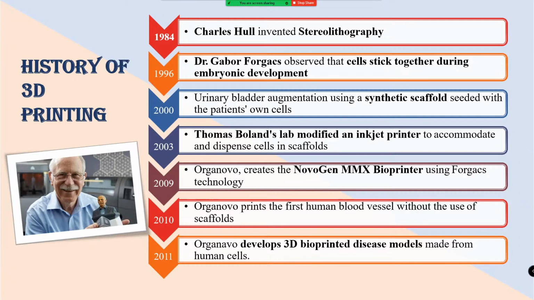In 2003, inkjet printing was modified by Thomas Boland. In 2009, Organovo created the NovoGen MMX bioprinter using Forgacs' technology. In 2010, Organovo printed the first human blood vessel without the use of a scaffold. In 2011, Organovo developed a 3D bioprinted disease model made from human cells. Next slide, please.